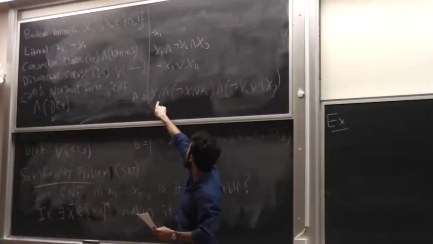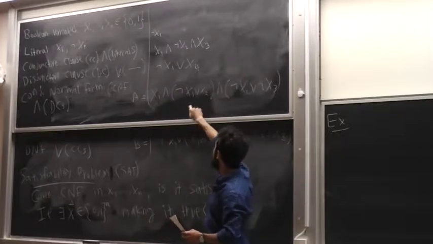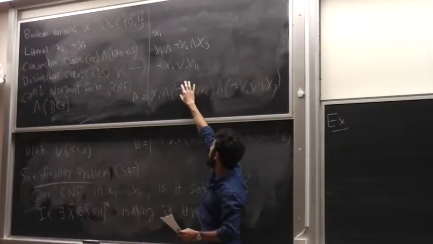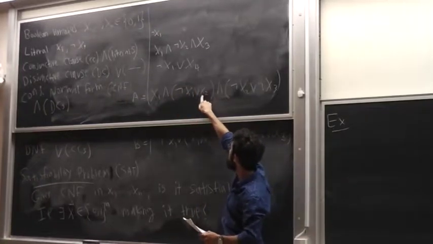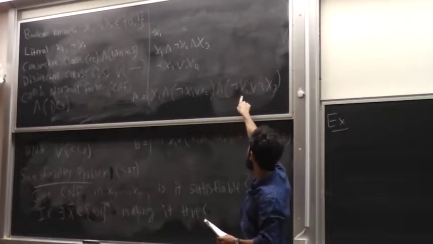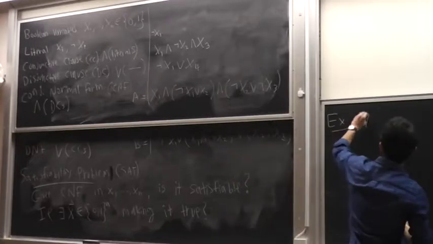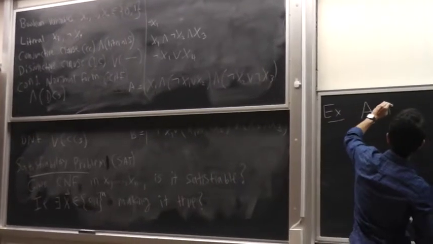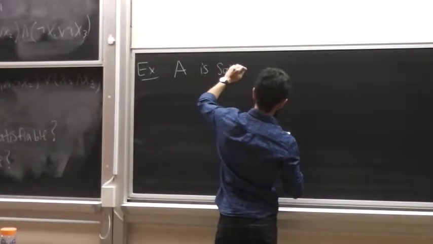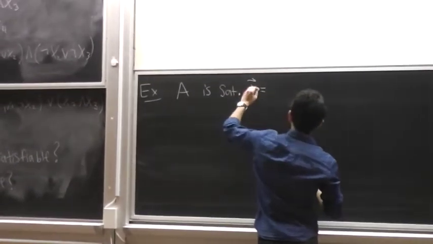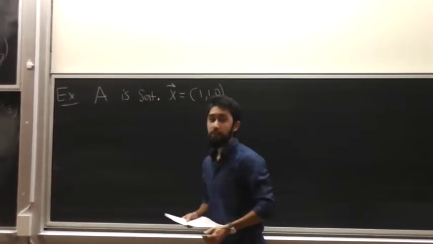If x1 is true, then x2 would need to be true. But then if x2 is true, then x3 would need to be false. So example A is satisfiable, and you can see that just by letting the true false vector be 1, 1, 0. If I plug that in, I get a true statement.